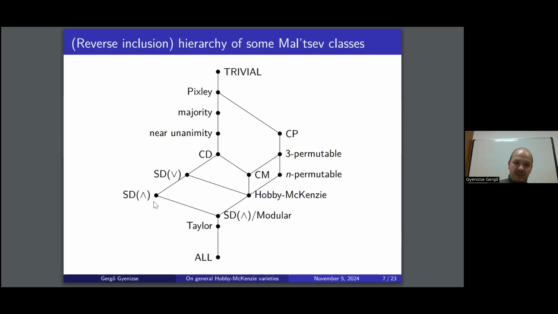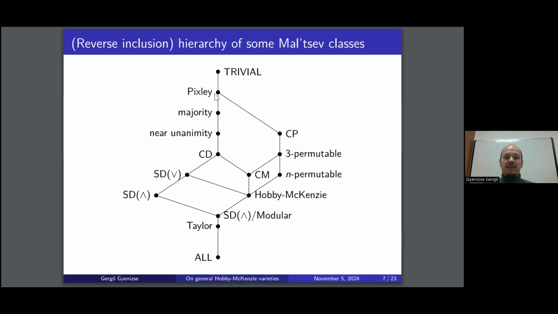So in that picture, it seems like CD is the join of CM and SD meet. And actually, it indeed is the join of those two. So a variety is congruence distributive if and only if it is congruence modular and congruence meet semi-distributive. This is because of the simple fact that a lattice itself is distributive if it is both modular and meet semi-distributive.